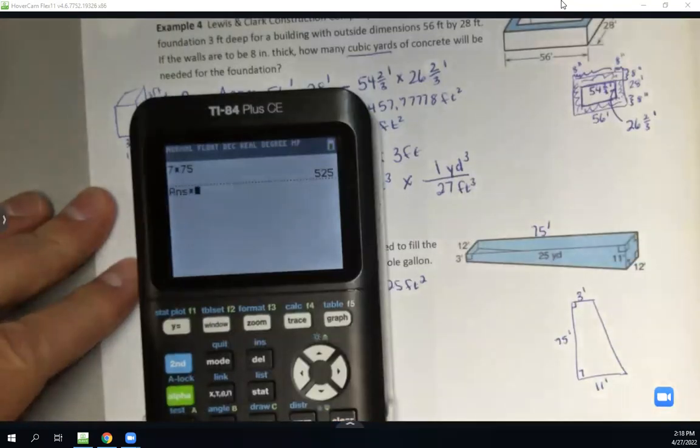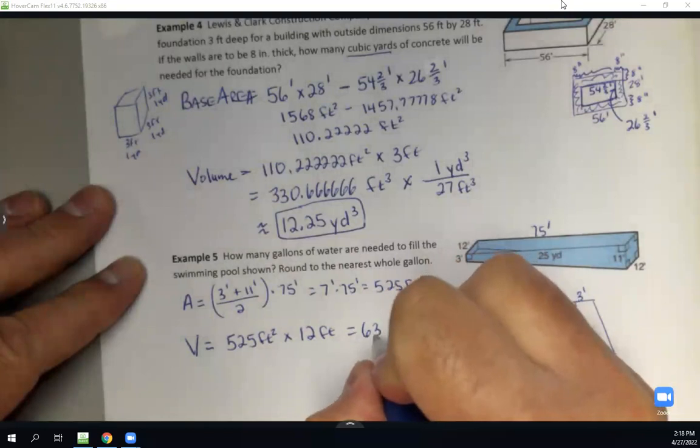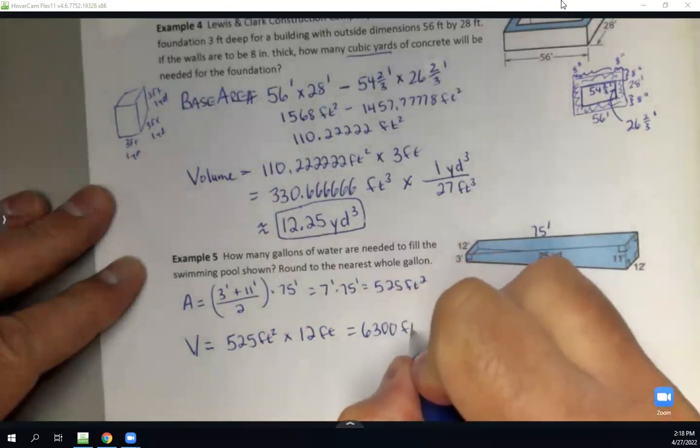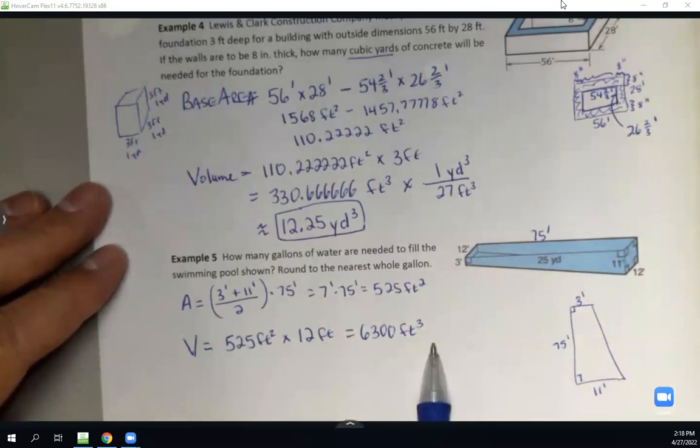So 525 times 12, that is 6,300. So 6,300 cubic feet. Cubic feet because it's volume, or square feet times feet is going to be feet cubed.